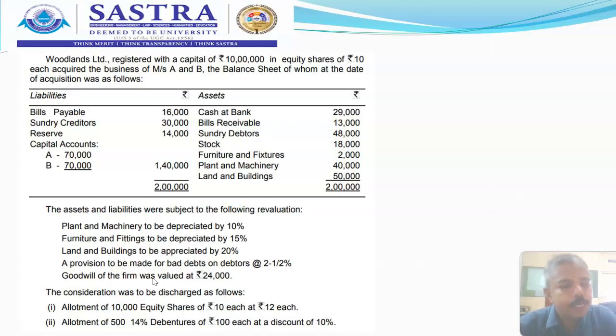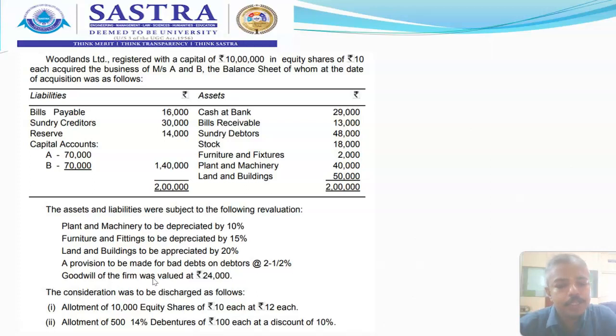The second one, the entire amount can be settled by the issue of equity shares of the acquisition company. The third option, the entire amount of purchase consideration may be settled by debentures of the acquisition company. Or the fourth option is a combination of cash, equity shares and or debentures.